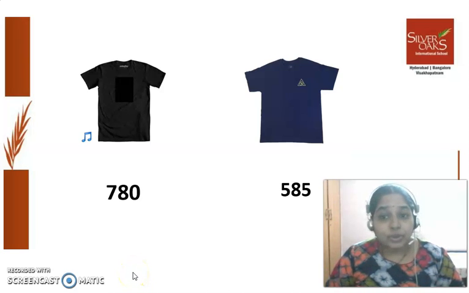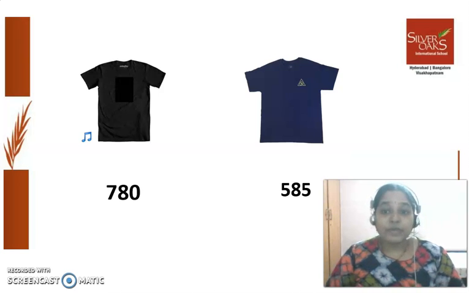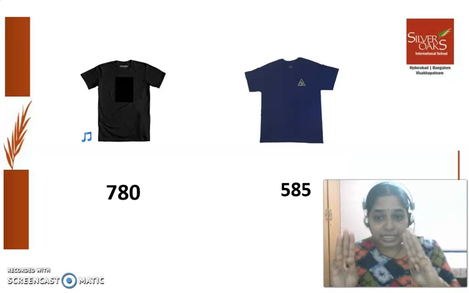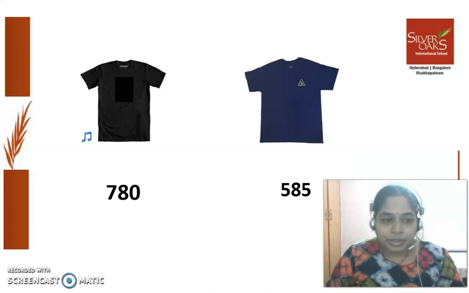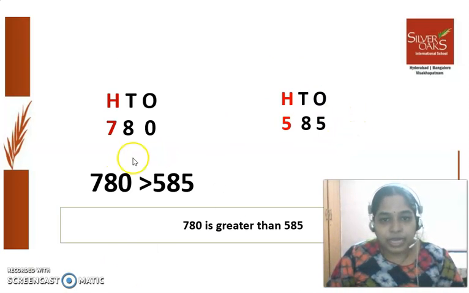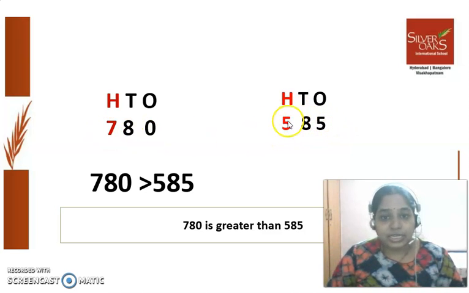Just like when you're comparing the tens place in two-digit numbers, when both the sides are three-digit numbers, you have to compare the hundreds place. Now, let's look into the hundreds place. In 780, in hundreds place, 7 is there. In 585, in hundreds place, 5 is there. 7 is greater than 5.